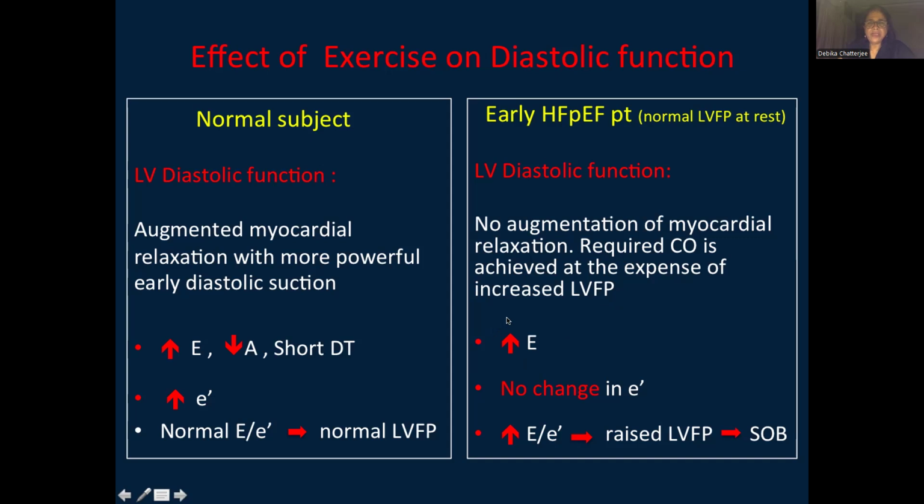So though the E wave becomes tall, there will be no change in the E prime, because there is no augmentation of myocardial relaxation. So E prime remains short, making the value of E by E prime very high, indicating raised LV filling pressure, and that is why the patient goes into shortness of breath.